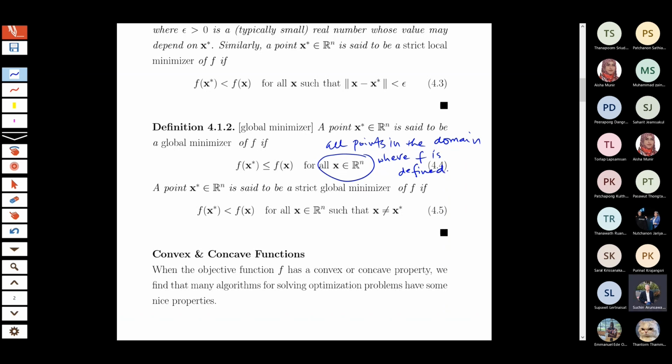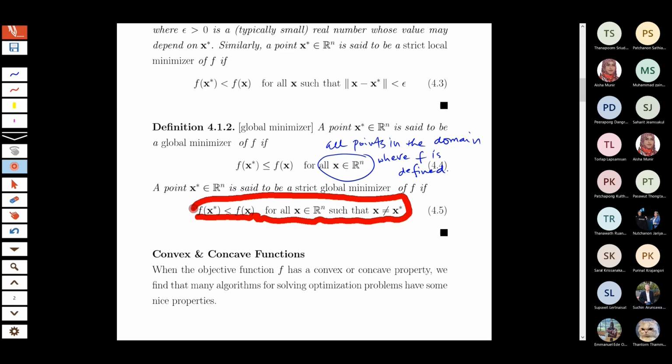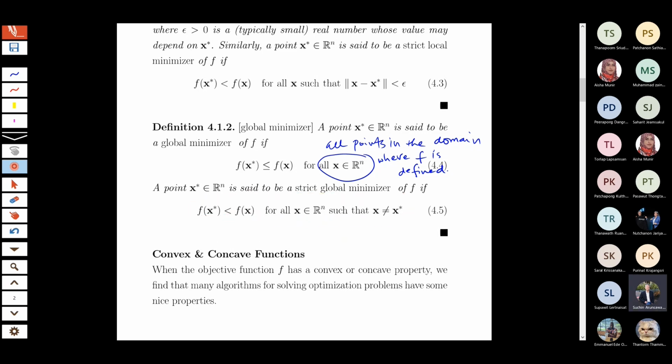If we add the word strict together with global, then a point x star is said to be a strict global minimizer of f if f of x star is less than f of x for all x such that x is not equal to x star.